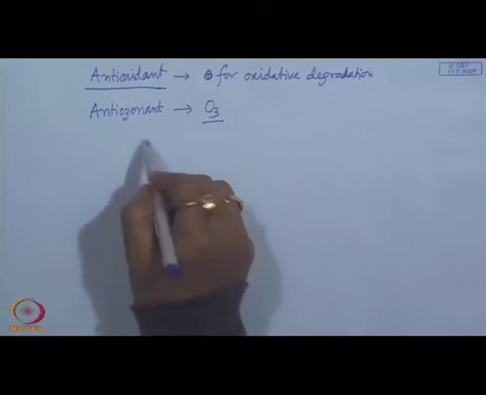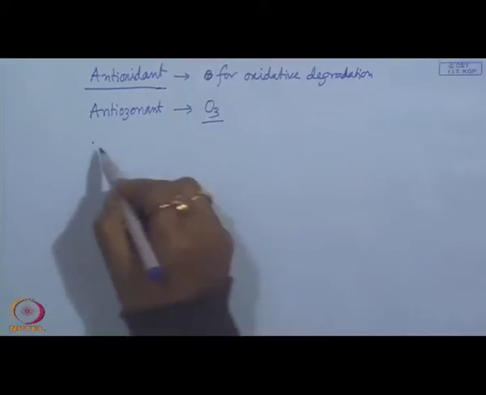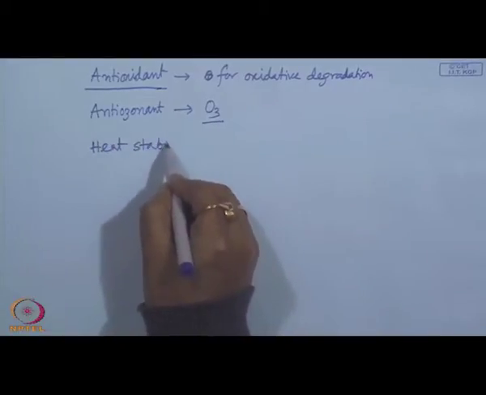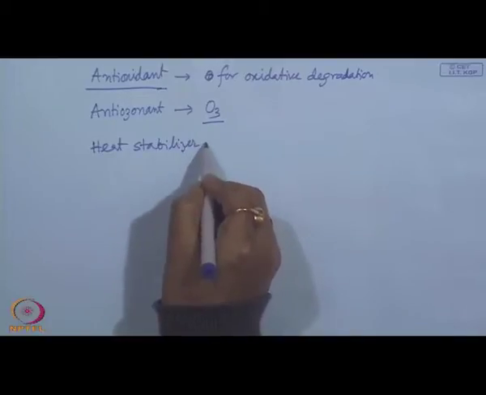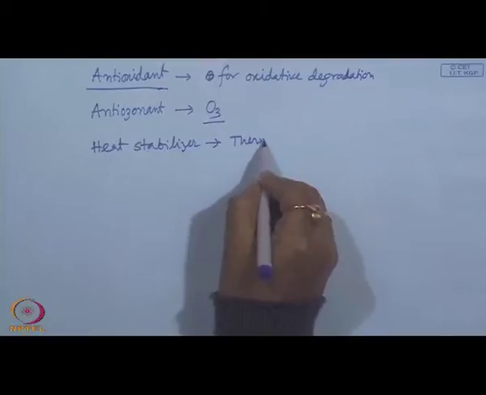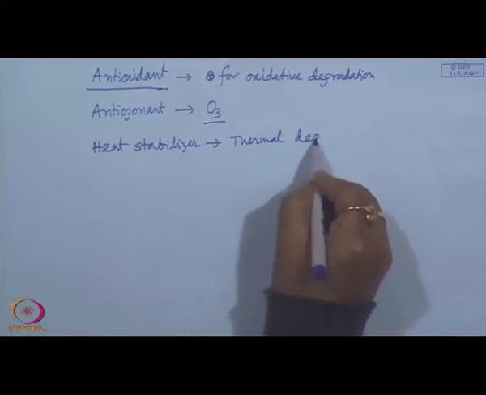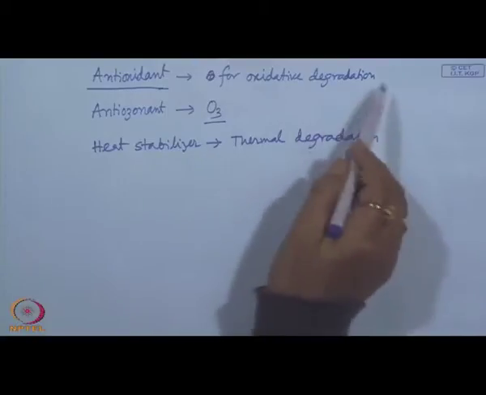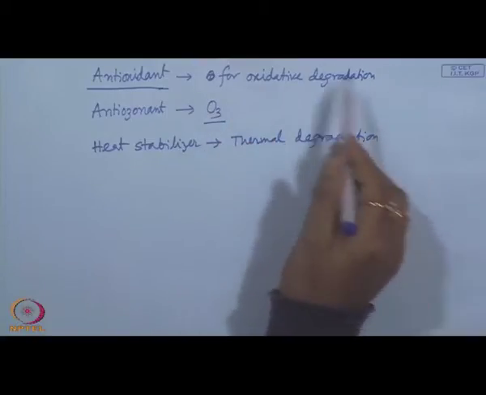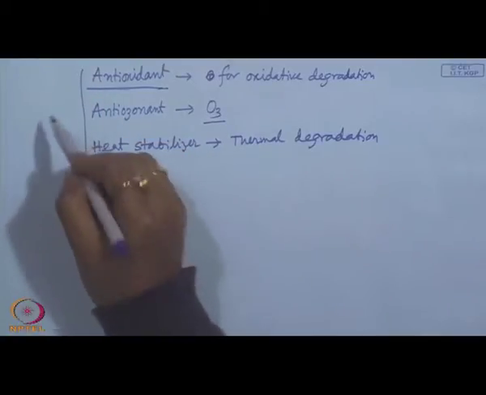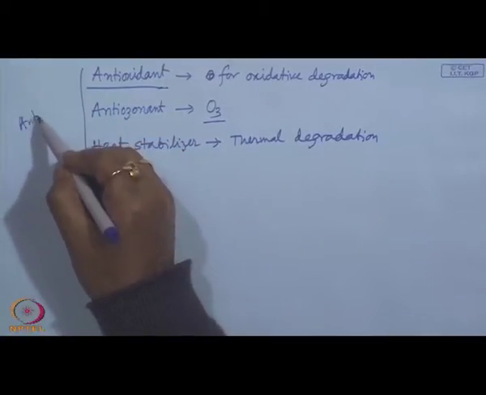There can be a thermal agency. So, a heat stabilizer is used for thermal degradation. So, in order to prevent the degradation by different agencies, stabilizers are used. These are in effect called anti-degradants.